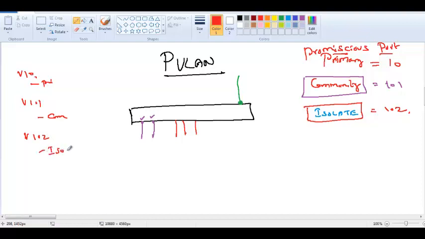Exactly the same steps, only slight variation in commands. First we create the primary VLAN, then the two sub VLANs, and we also define that this VLAN is not an isolate VLAN, it's a community VLAN. So the word community it knows, and 102 is the isolate VLAN.